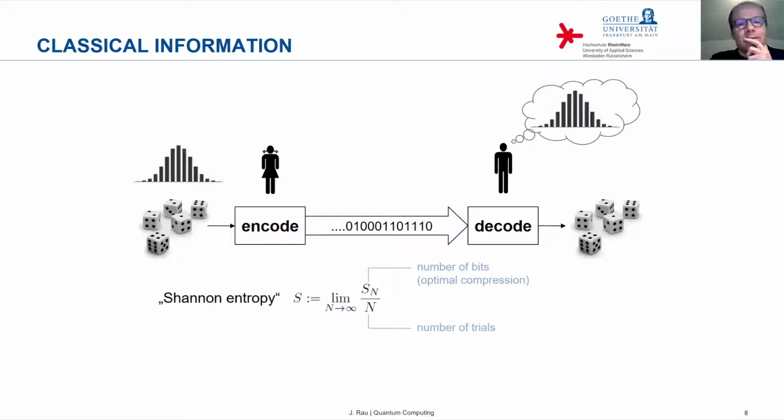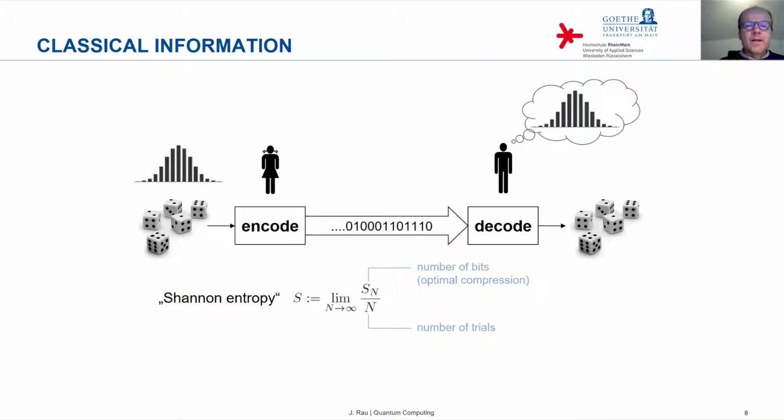You may wonder why you need this limit n going to infinity, where this comes from. The reason is that you may achieve the best compression if you don't encode each outcome separately. In the sense that Alice rolls the first die, sees 5 spots, encodes that result in a bit string and sends it to Bob.